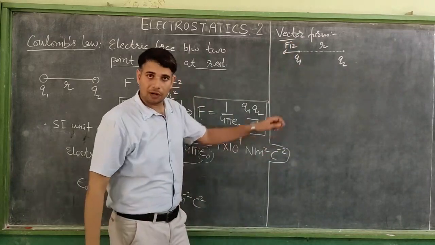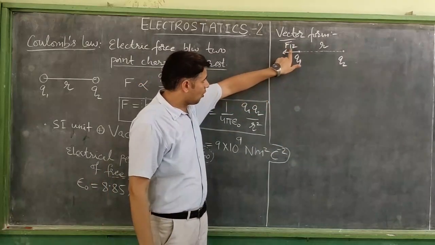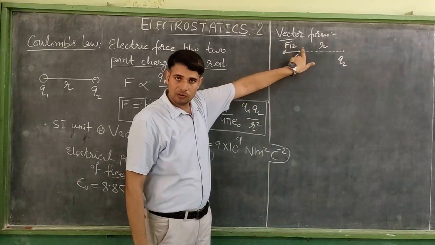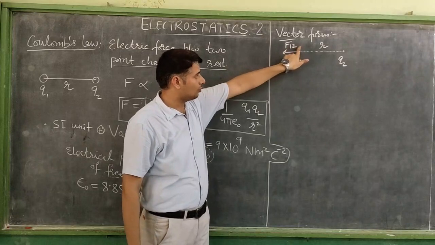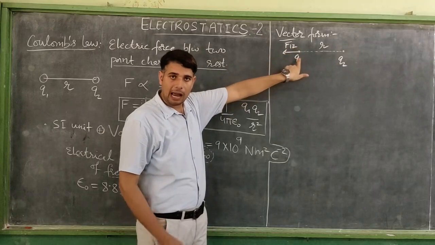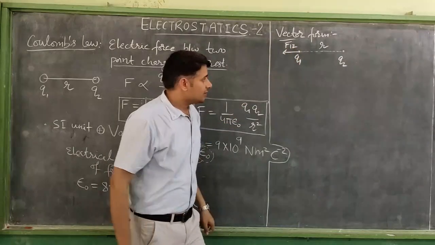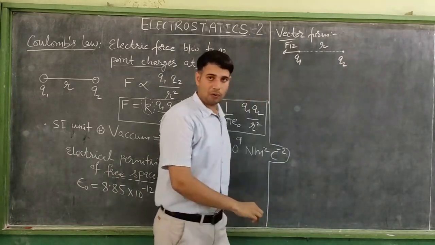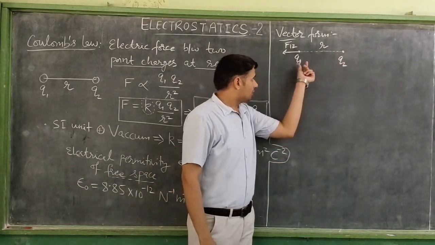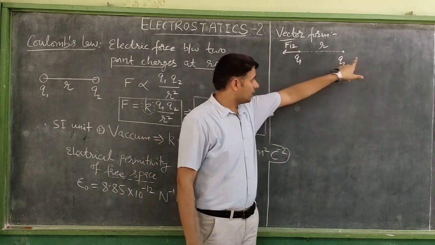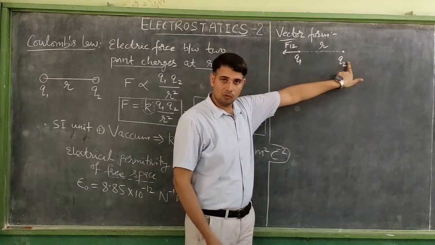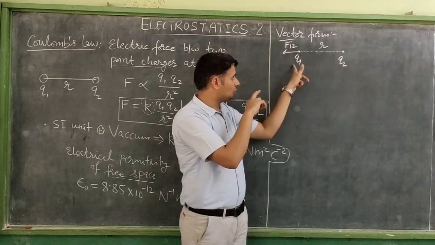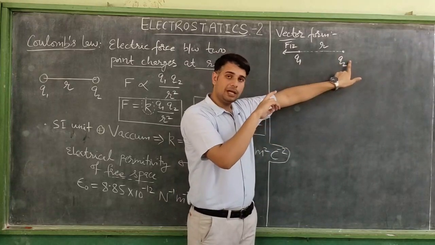How are we going to read this? Force on the first charge due to the second, that is F12. With this arrow mark I have mentioned the direction. In the same way, on the second point charge Q2, again both are positive, so force will be exerted on the second charge due to Q1, and again it will be repulsive.